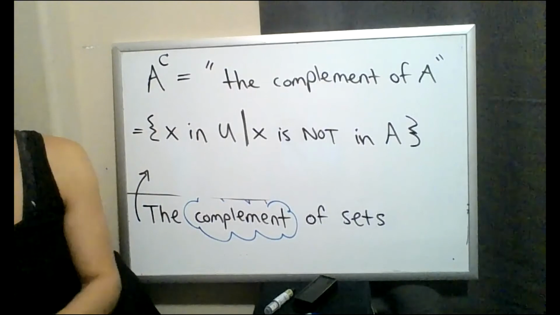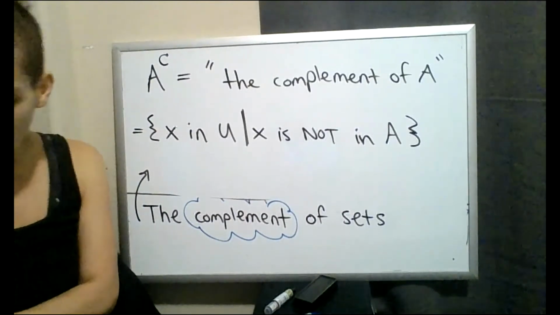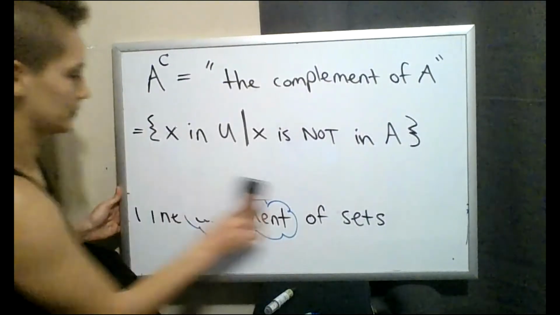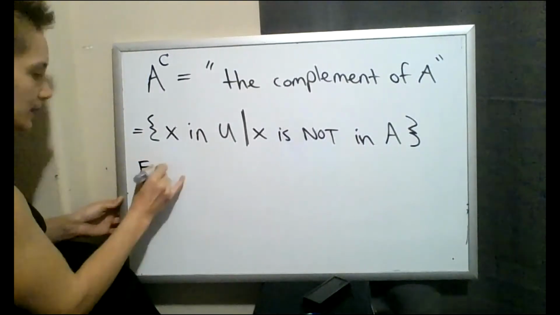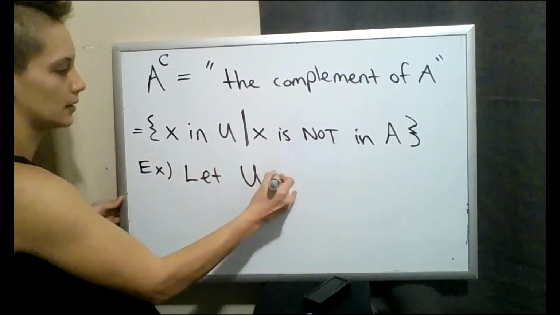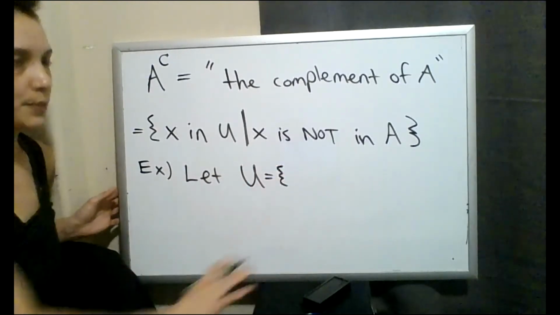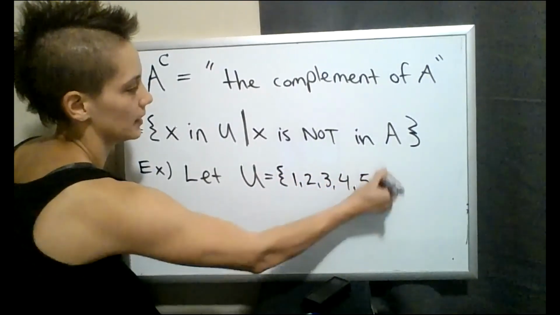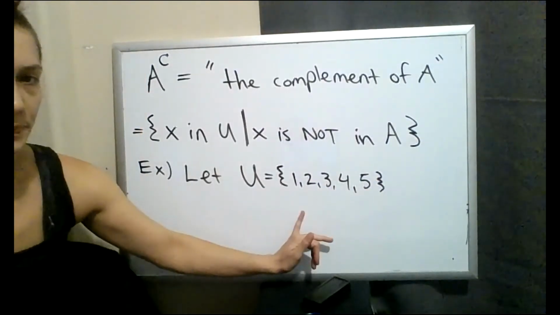So we're starting with the first universal set containing 1 through 5. Capital U. The whole space, or your whole universe, has 1, 2, 3. So those are your elements.